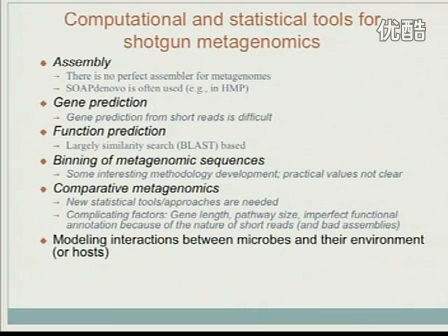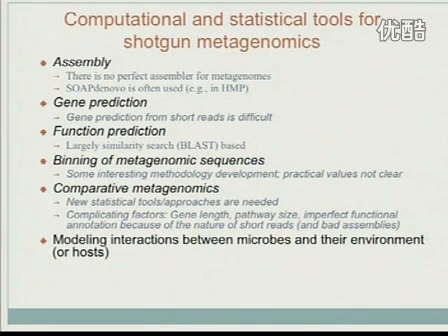Ideally, you want to assemble them into individual genomes. Like if I have 10 species in one sample, ideally I want to get 10 genomes. But usually you cannot do that. It's impossible.